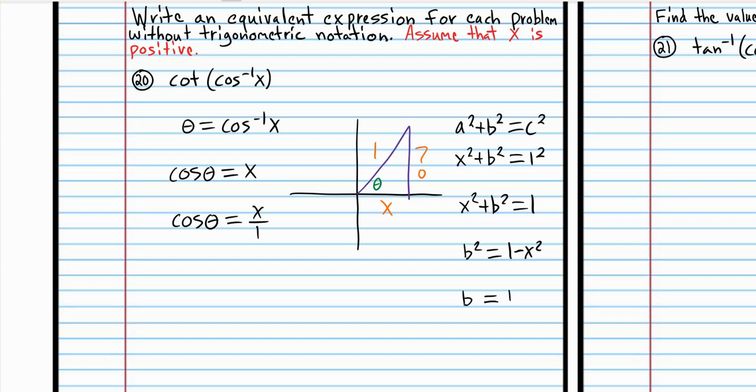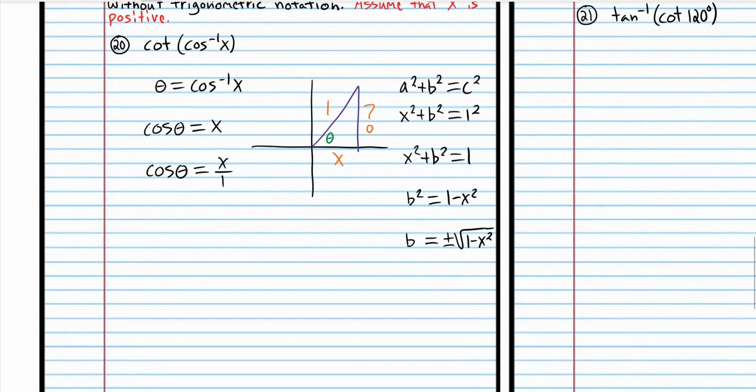Square root both sides, and we get plus or minus the square root of 1 minus x squared. Now, you tell me, is b going to be positive or negative? You can tell just by looking at the triangle. Obviously, b is going to be positive because this side is above the x-axis. So b is actually positive root 1 minus x squared.